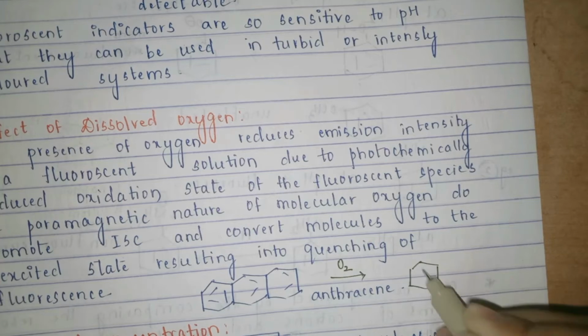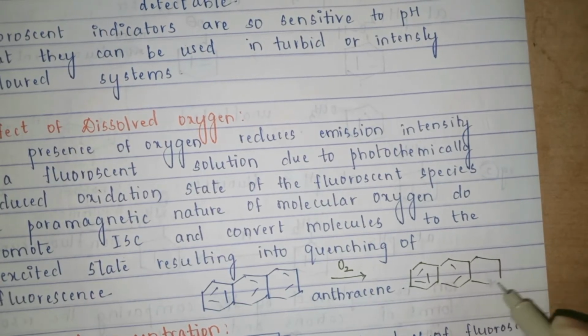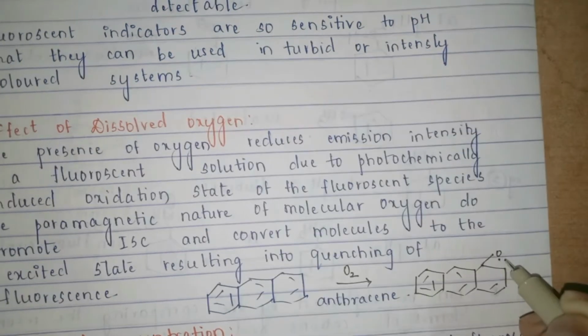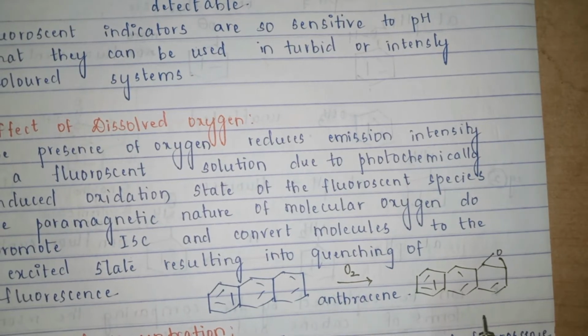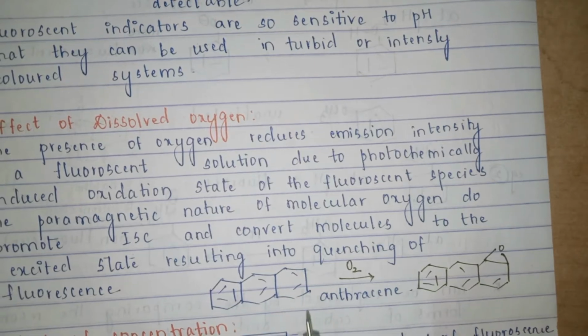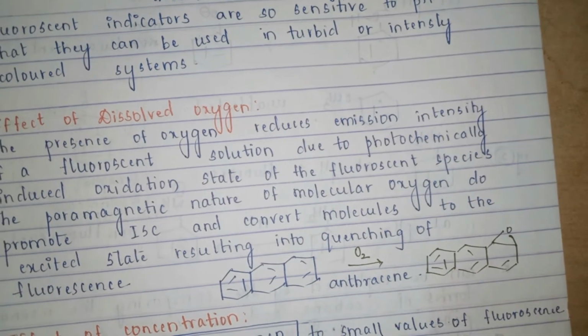Now conjugated double bonds get affected with the presence of this molecular oxygen. Now it will try to oxidize the double bond. This oxidizing of the double bond with the presence of the molecular oxygen affects the fluorescing capacity of the molecule. The previously fluorescent molecule may lose its fluorescence because of the intersystem crossing.